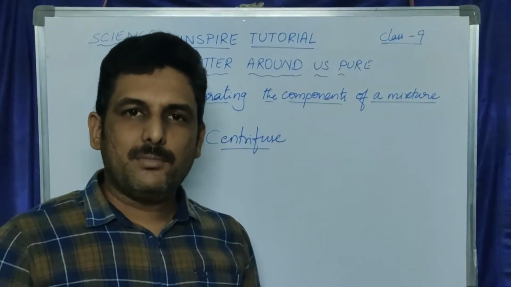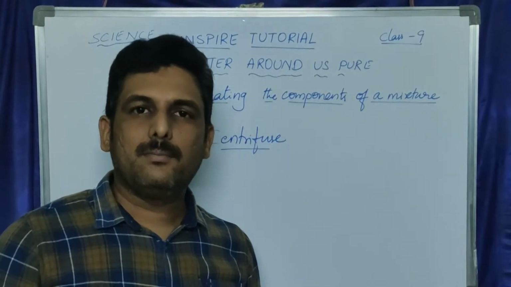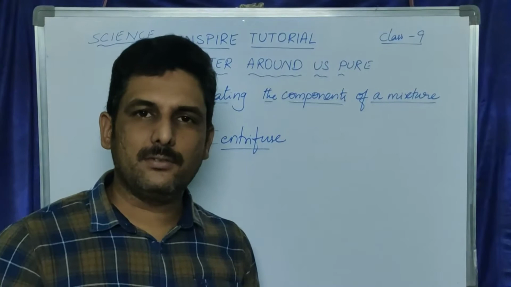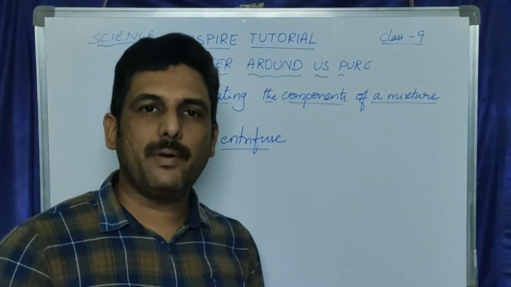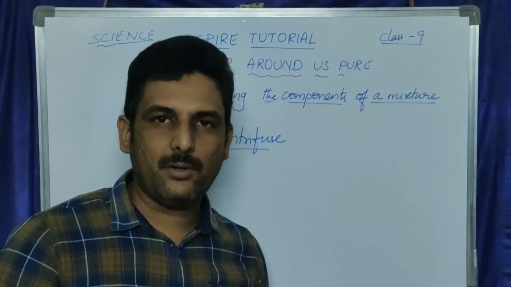The cream from the milk can be separated by a method called centrifugation. So centrifuge is a device which is based on the difference in the densities of the components of a mixture.